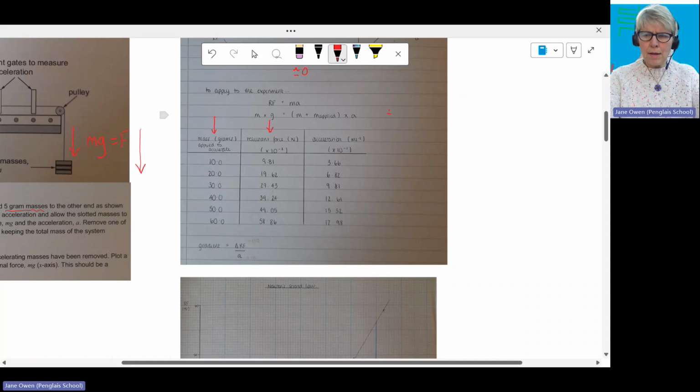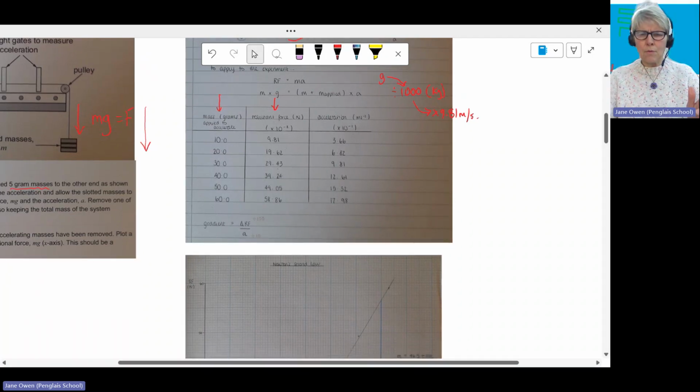So divide by 1,000 if you've got it in grams to start with, get it into kilograms, and then times it by 9.81. And you would be forgiven here if you just times it by 10, just for this experimental setup.